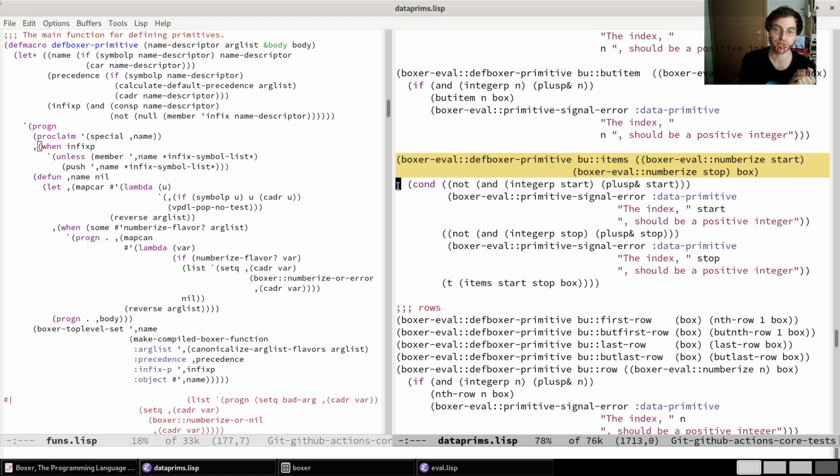The calling convention is different. It is popping arguments from a stack and pushing the result onto a stack. There is also some metadata. Arguments can be typed, or, they call it, flavors, and that influences how the argument is even parsed. So it needs to be known before the function is called.